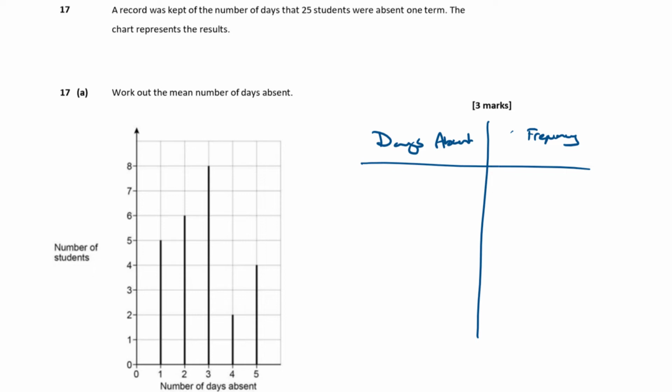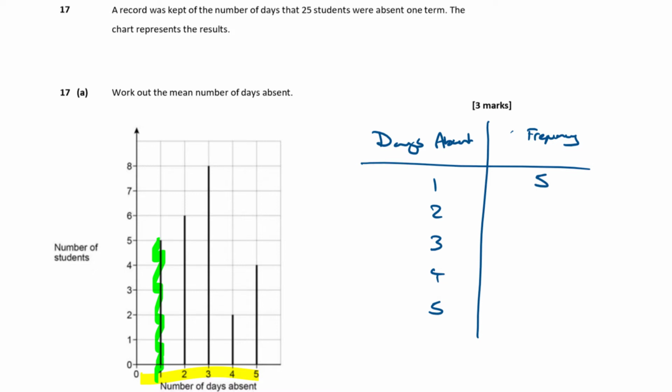So number of days absent was either 1, 2, 3, 4, or 5. I just got them from the bottom line there. There was 0 as well, but no one was absent 0 days. And then frequency is going to be the height of the bar, isn't it? So the first one has a height of 5, so 5 students were absent for 1 day.